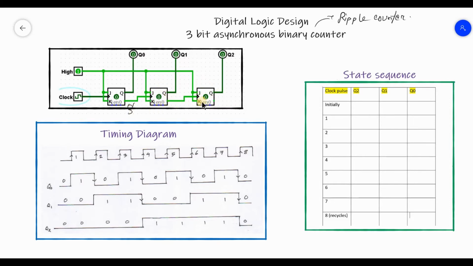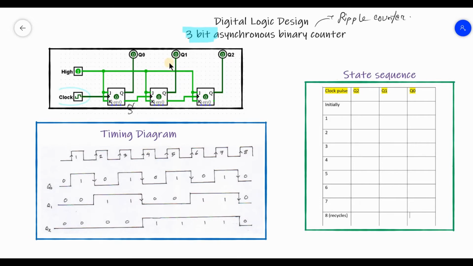Similarly, the second one's Q bar output acts as the clock for the third one. Since this is a 3-bit binary counter, we require 3 flip-flops, and we have used JK flip-flops to design the asynchronous 3-bit binary counter.